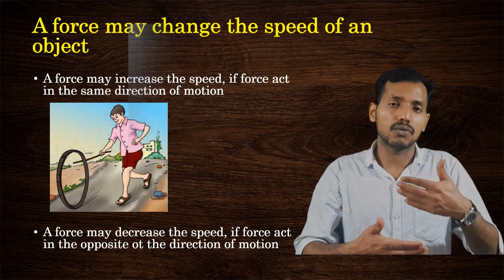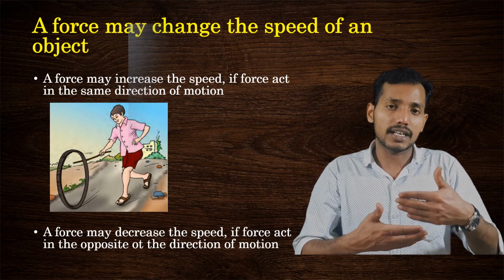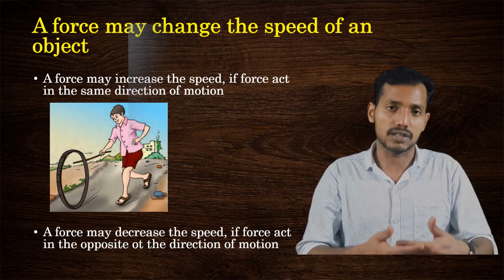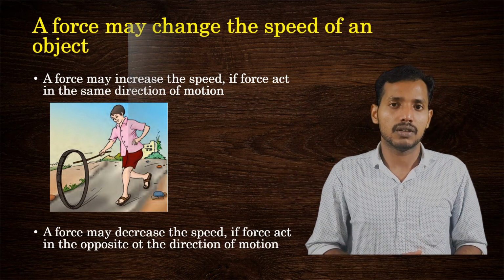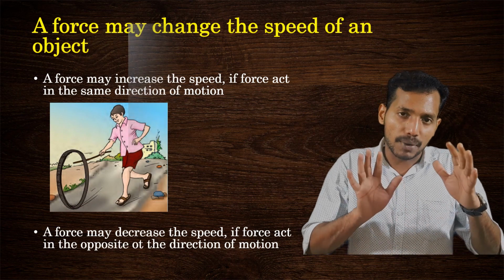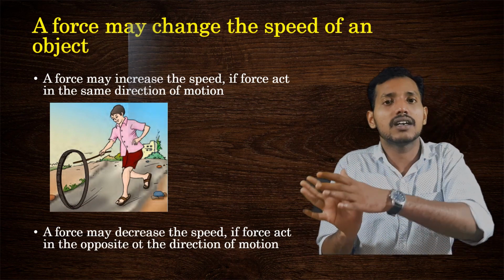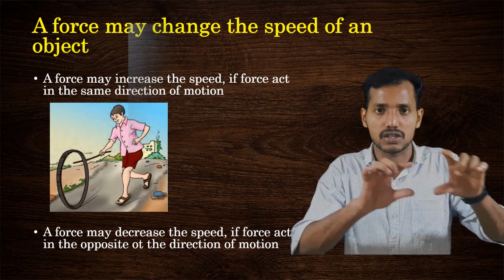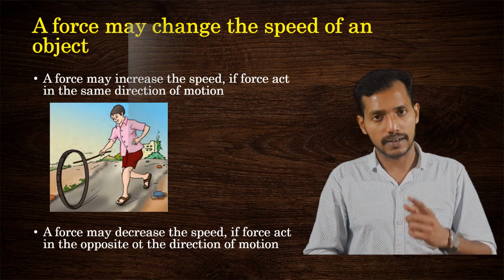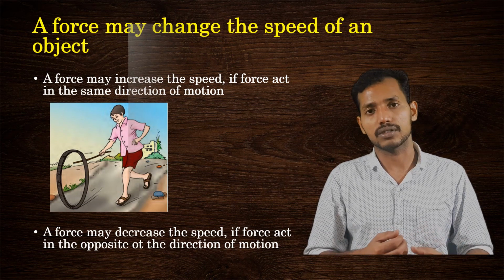Similarly, if force is applied in the direction opposite to the direction of motion, its speed will get lower. Okay, if the applied force is too much, then the object will come to rest. Otherwise, it will just decrease its speed. Clear?